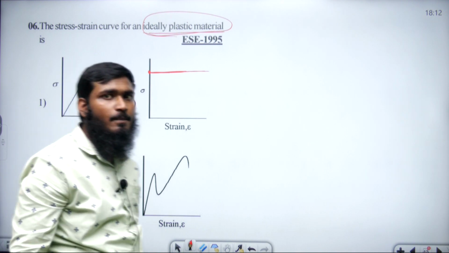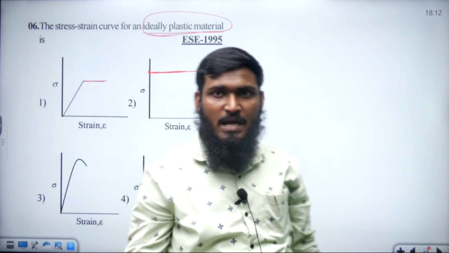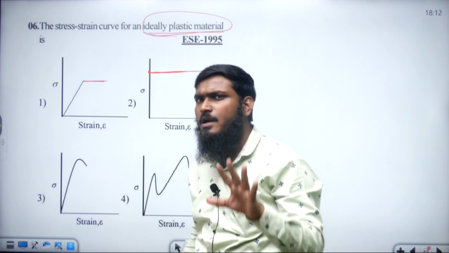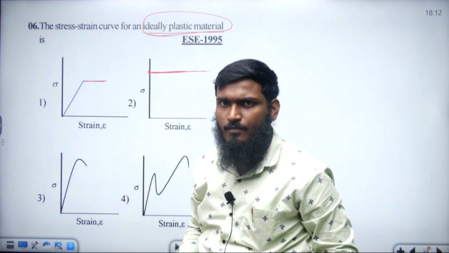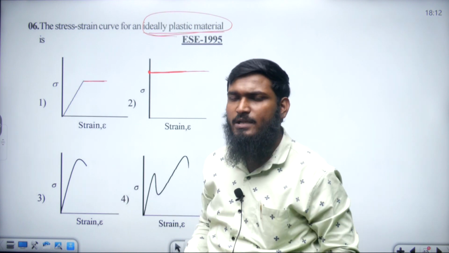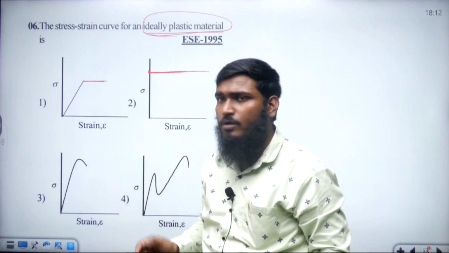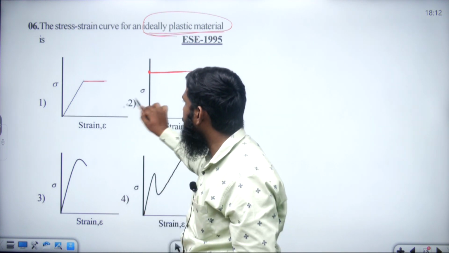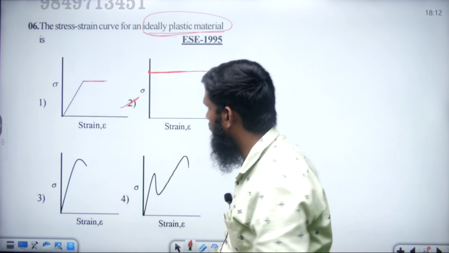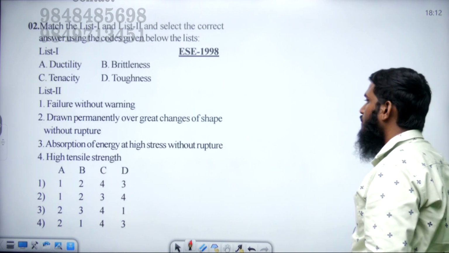When we have that, we can call it an ideally plastic material. We have to see that at constant stress the strain should be more. At one point of stress, the strain should be more. That comes under plastic material. That's it. Okay. So the second option is correct. Now let us go for the next question.